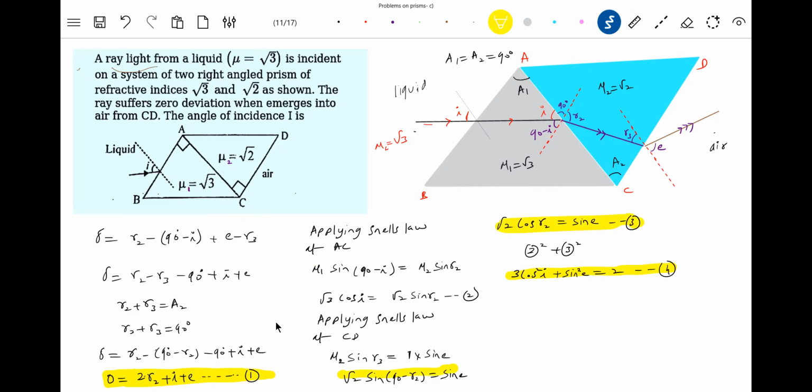Okay, now solving 2 and 4 will get the required answer. But we don't know R2. We don't know R2, no. I and E, R2 is the unknown thing. So you take help of this particular thing.